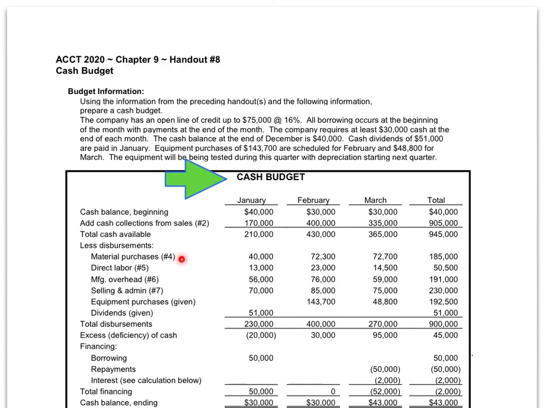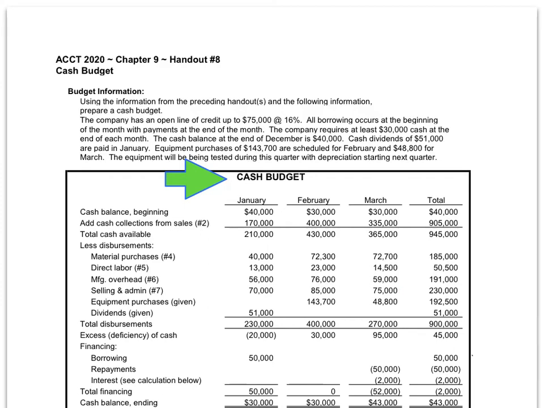Now our materials purchases from the materials purchase budget are transferred across here. Our direct labor costs transferred here. Manufacturing overhead transferred here. Selling and admin transferred here. So basically we've done all these budgets and now we're just putting them in.